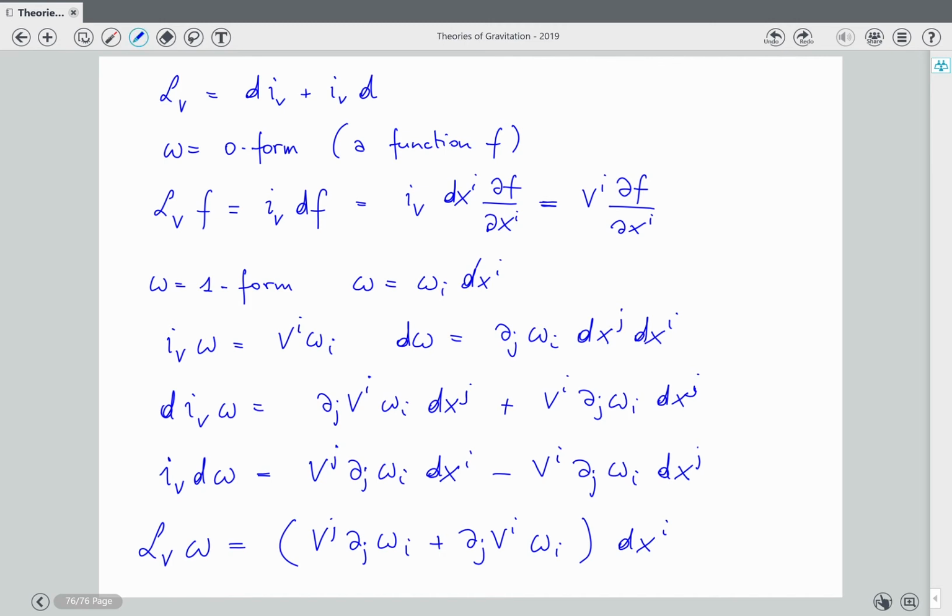In the first one, I have to change names. So this becomes I, j, j, I. And so I have partial I Vj omega j. That is the Lie derivative.